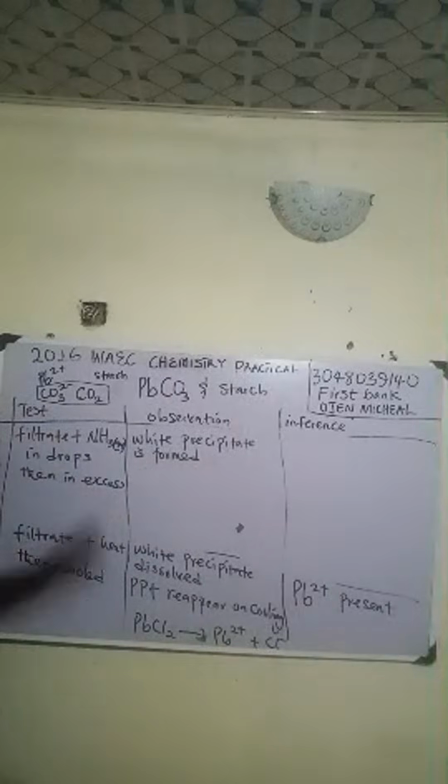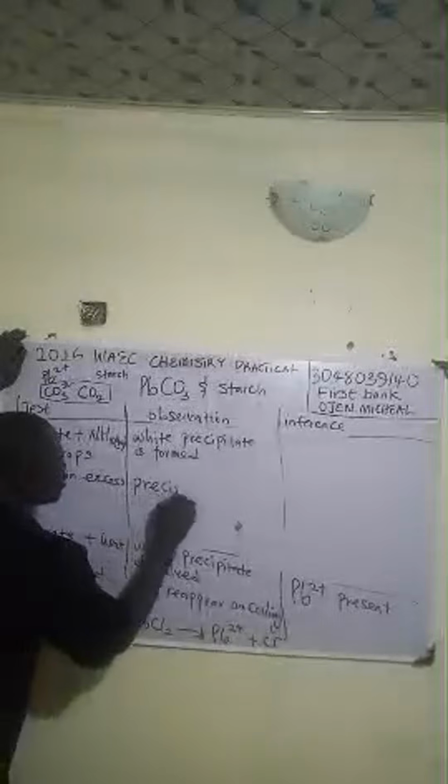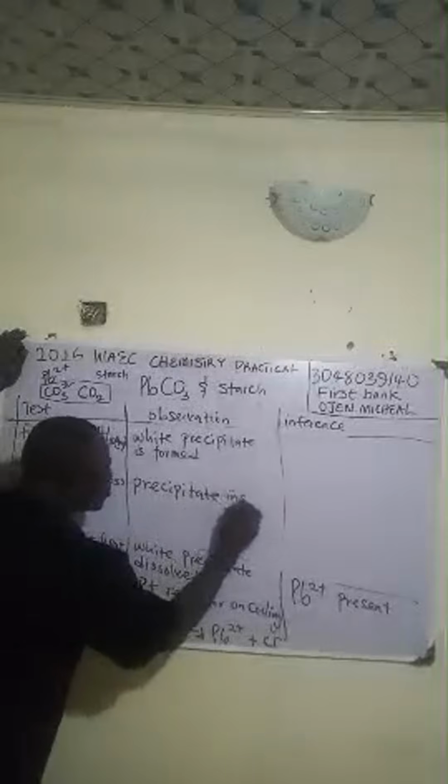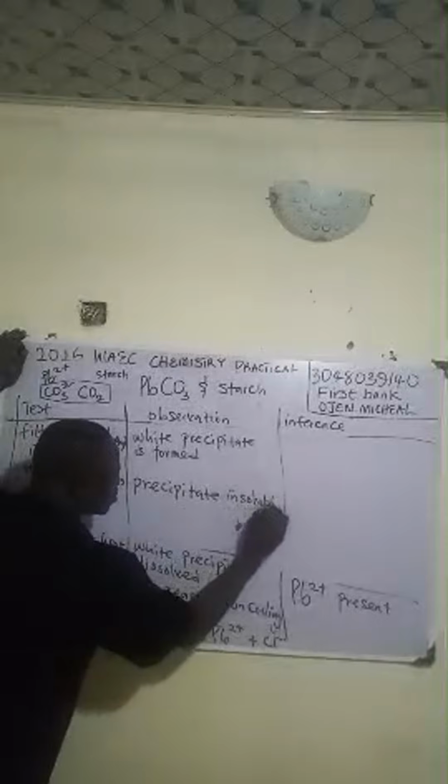Then when you add it in excess, the precipitate is insoluble. That kind of thing that happens is what? It indicates that Pb2+ or calcium ion is present.